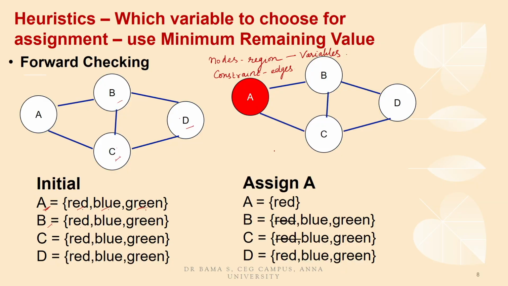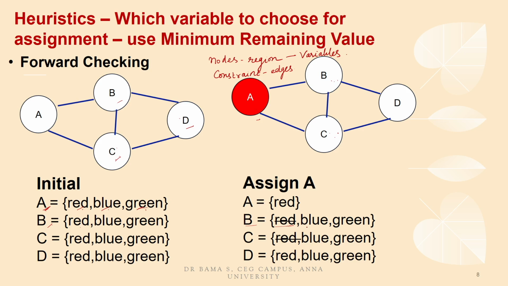Now, in step 1 we are assigning A to be red, and when we are assigning A to be red, the immediate next neighbors B and C will not be red. Therefore, we can remove that value from these variables, where B cannot be red and C cannot be red.